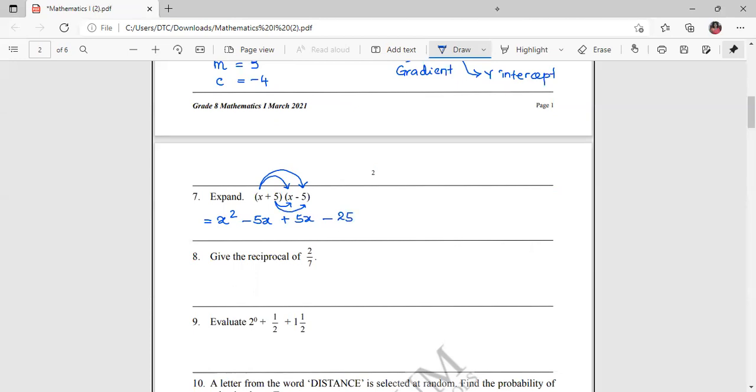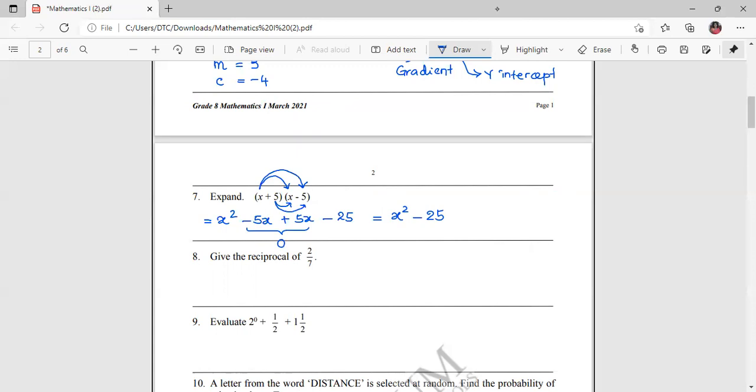Now what you can see, children, here, -5x and positive 5x become 0 because you can cancel them, right? So then what will be the answer? x squared minus 25. Children, you don't need to follow those steps. Can you remember the difference of squares, we had a separate topic when you were learning this in school?